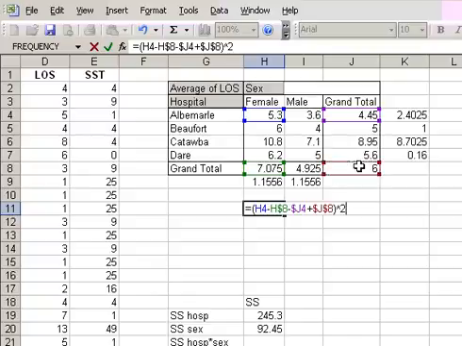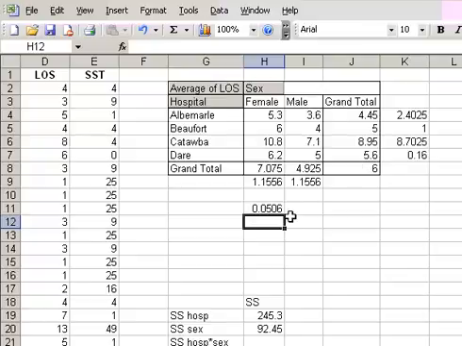Then we square that value, and this is the first component of the sums of squares for hospital times sex.